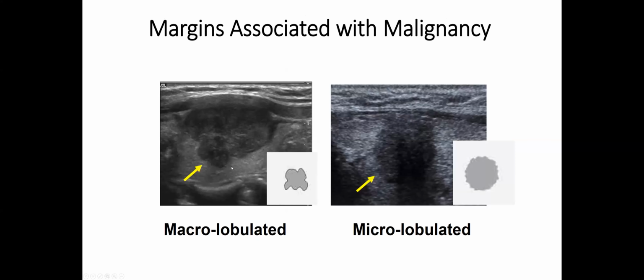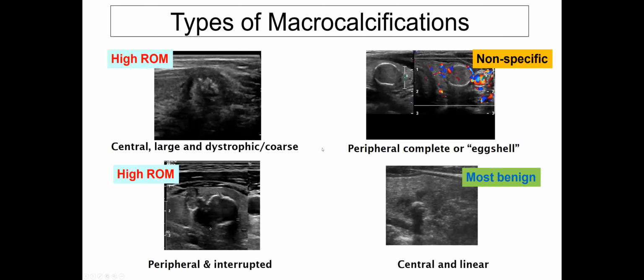This is another one where you have an infiltrative border. Now, this tumor will be highly suspicious for carcinoma, but it will not be outright called carcinoma on ultrasound because there is an infiltrative border, which can be macrolobulated or very microlobulated, with very tiny infiltration. So those features are associated with malignancy.